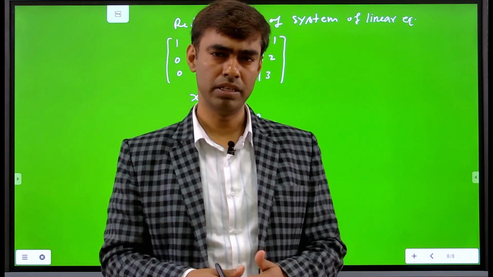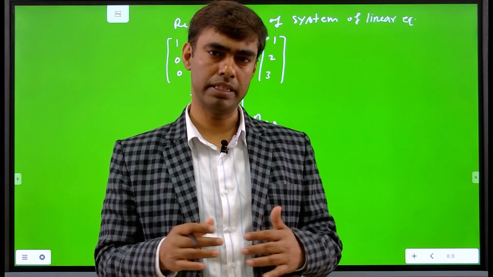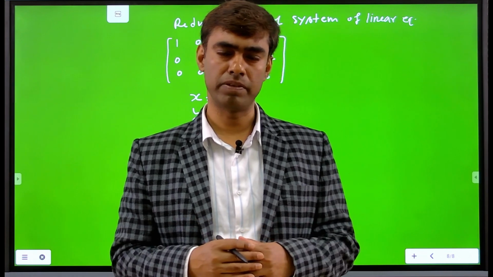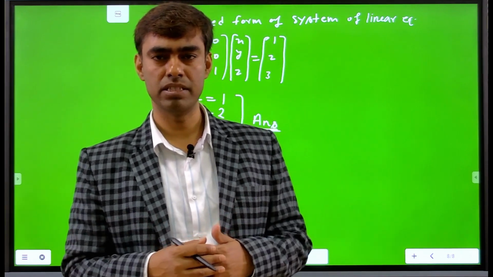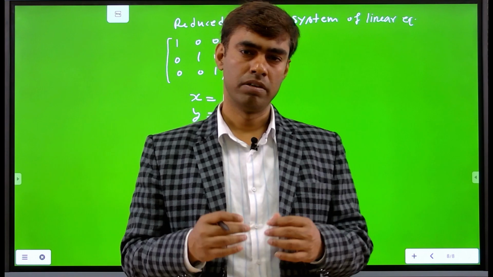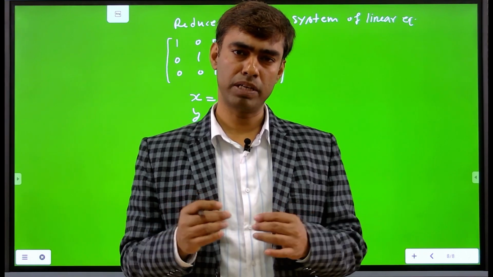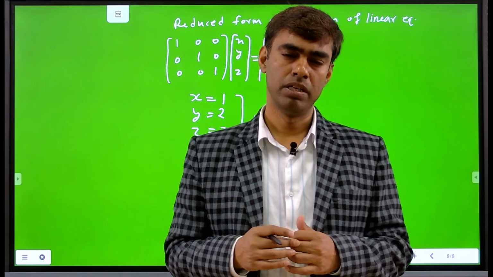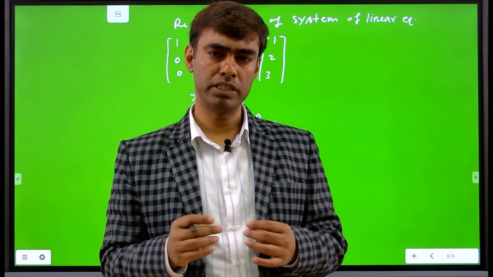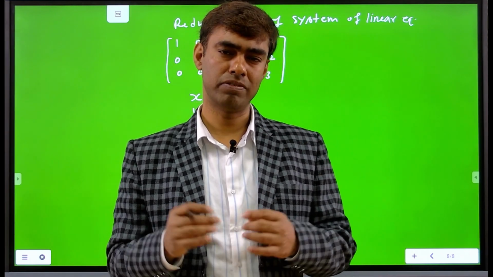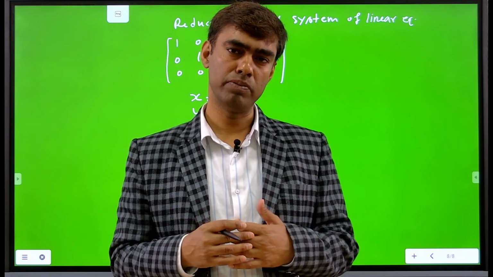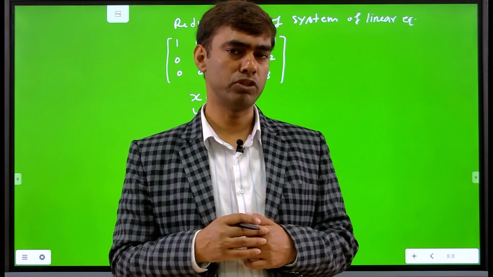So what is the summary? First of all, we write the given system of linear equations in matrix form, then write the augmented matrix, then we choose the pivot element. The first pivot element is the common element of the first row and first column, or you may also say the coefficient of x1 is the first pivot element and the first row is the pivot row. Then we normalize the first row by dividing it by the pivot element.